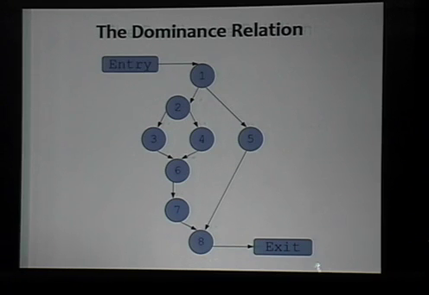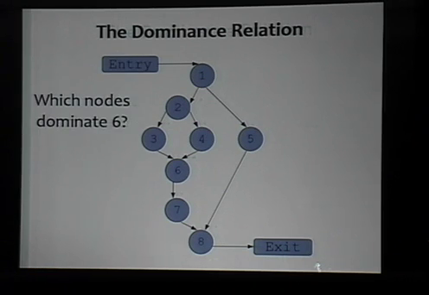So, for example, 1 is going to dominate everything in this graph because you have to go through node 1 to get to anything else, right? What about, which nodes dominate 6? Well, 2, 1, and entry, right? 3 and 4 don't dominate 6 because you don't have to go through either one of them to get to 6.